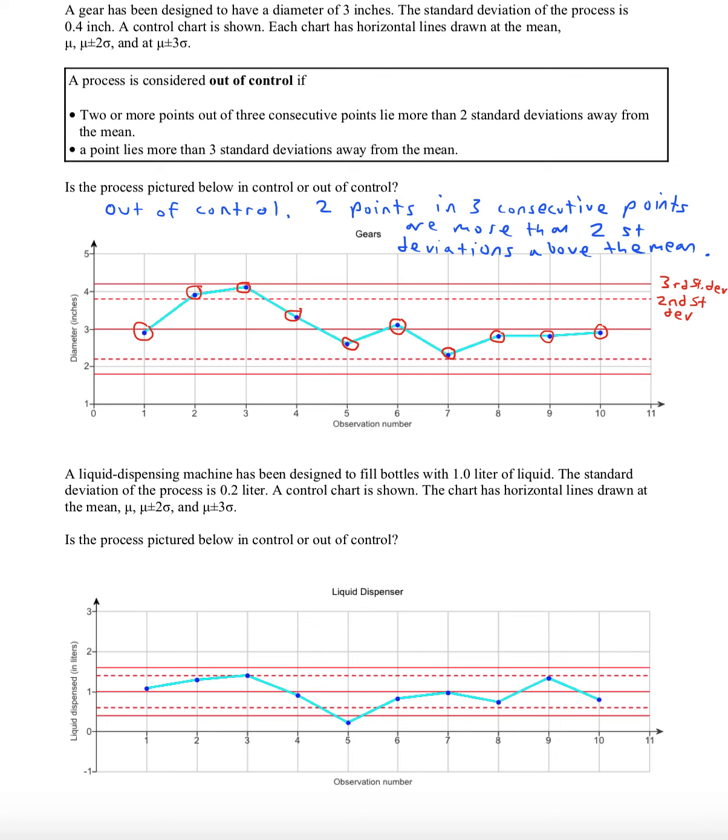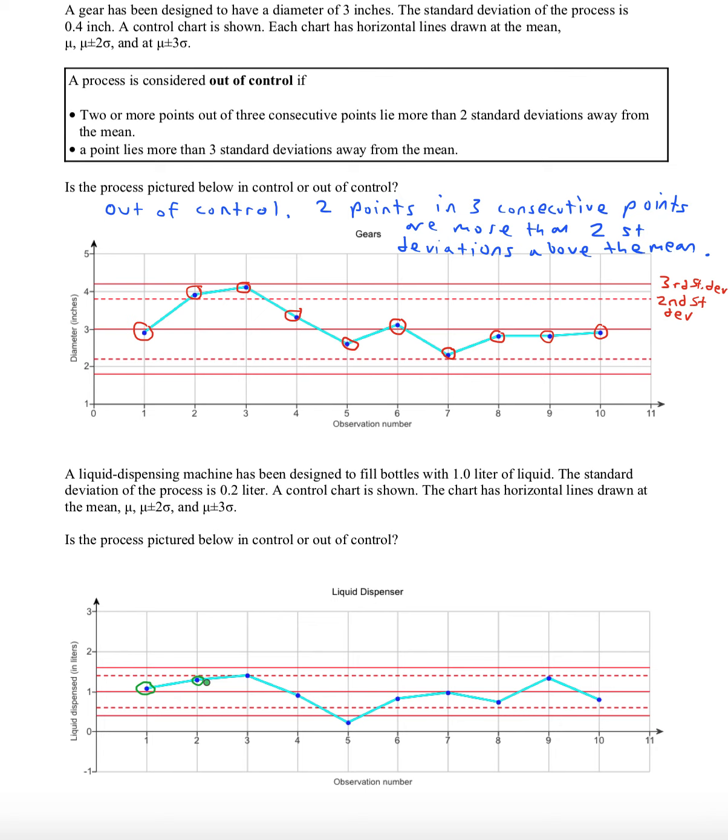Next control chart shows liquid dispenser volumes. Liquid dispenser is designed to have a volume of 1.0 liters. And the standard deviation of the process is 0.2 liters. Now, we see that the first point is quite close to the average.